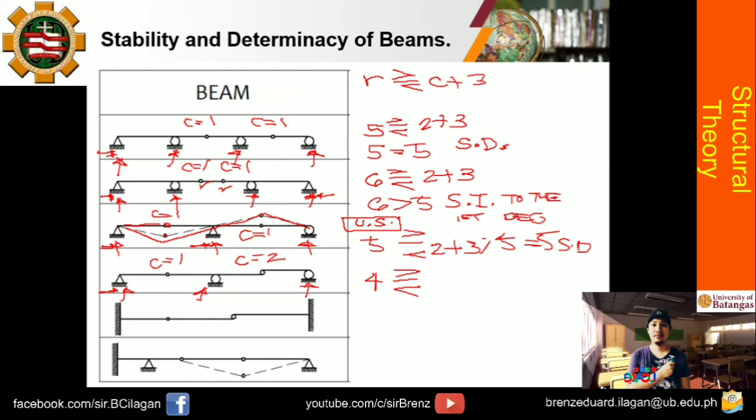So ilan yung ating internal hinge and internal roller, or yung value ng C? So 1 plus 2, 3. Then plus, yan nga yung ating equilibrium of equation. Meron tayong tatlo. So therefore, the answer will be 4 less than 6. So ito is under the category of unstable.